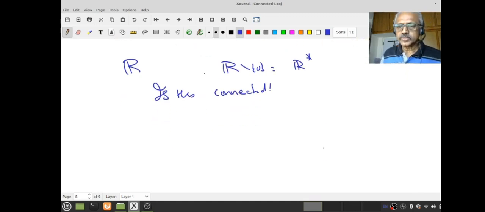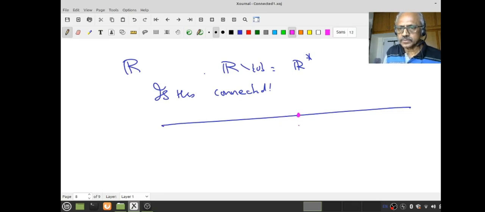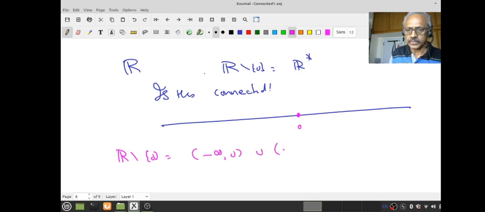So what is the subspace topology? Are you following this? So I have R, and this point is removed, this is 0. Now you can see R minus 0 is the union of minus infinity to 0 and 0 to infinity. You understand that? And each one of them is a subset of R star.